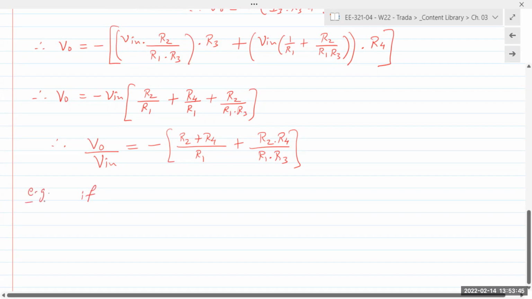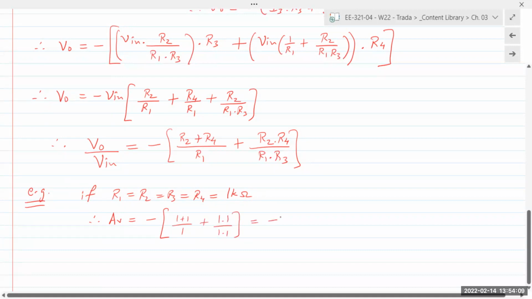So in this case, if R1 is equal to R2 is equal to R3 is equal to R4, and it's 1 kilo ohm, the gain will be minus, what do we have? 1 plus 1 divided by 1 plus 1 times 1 divided by 1 times 1.